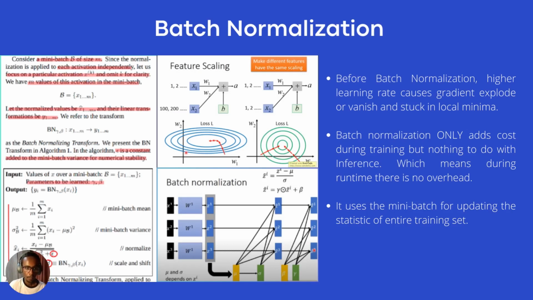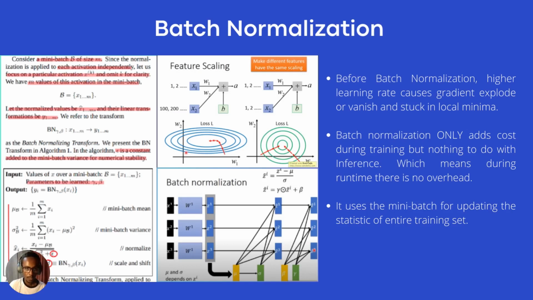So in batch normalization, what we did was we computed the mean for the input data in a certain mini batch. Then we computed the variance. Then finally, we normalized the input data by subtracting the mean and dividing by the standard deviation. And finally, we just perform scaling and translation by using parameters gamma and beta.